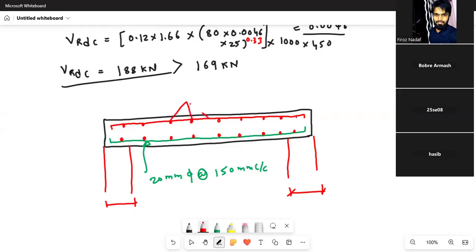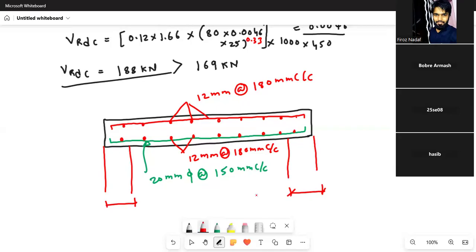What distribution bar have we provided? 12 mm at the rate 180 mm center to center. Here also we have provided distribution bar, which is 12 mm at the rate 180 mm center to center. So this is the detailing of the deck slab that we are done with.